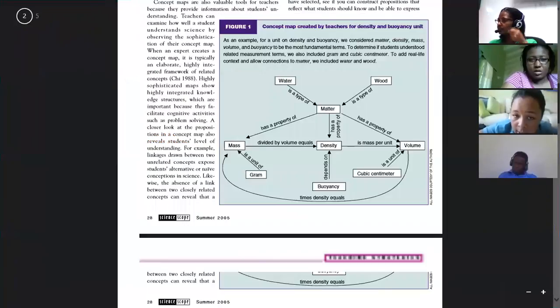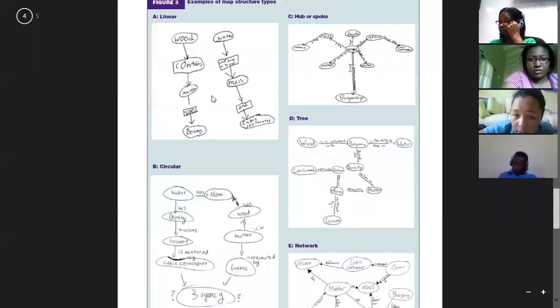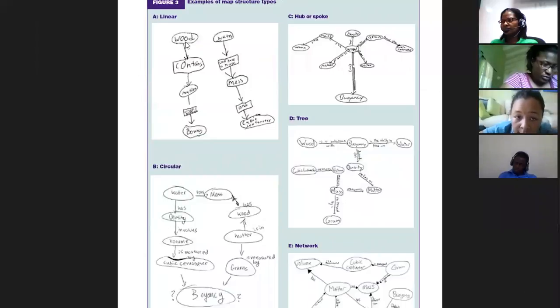Those ones here, this looks like maybe a 10-year-old or 7-year-old's handwriting. When you look in the RVLE, you'll see that it says here concept map, and it says woods contain matter, something else.